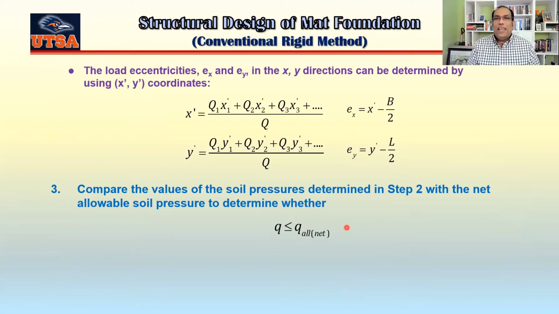Now what happens if any corner has a little bit higher pressure than the net allowable capacity? Then what do you do?